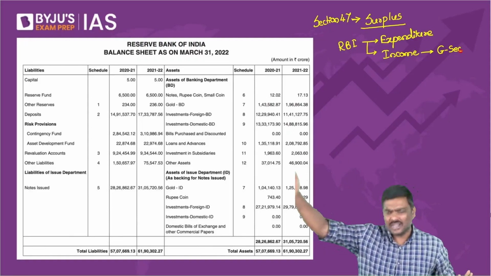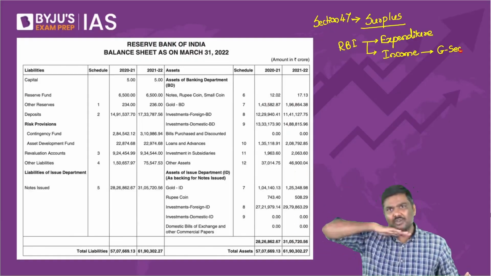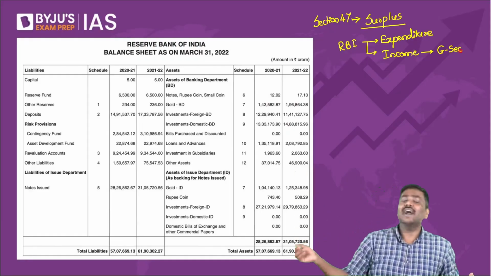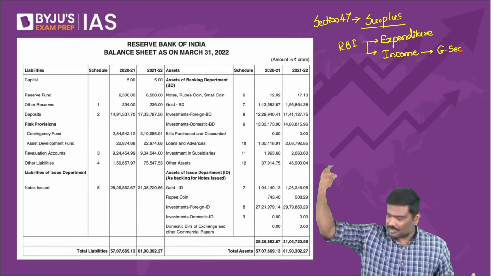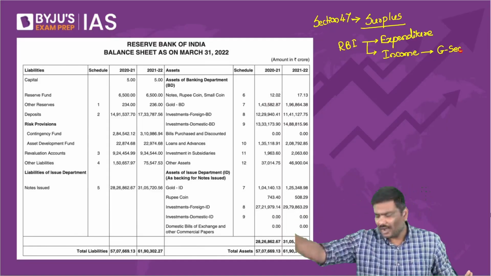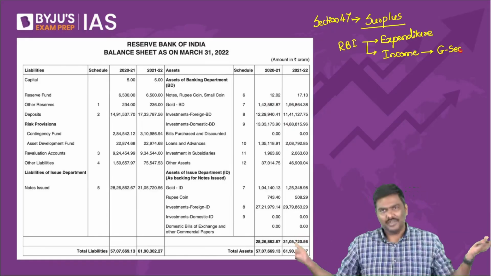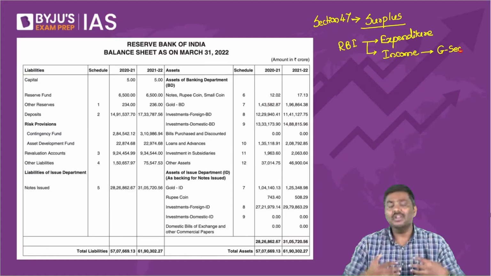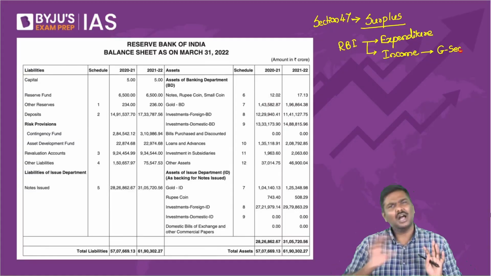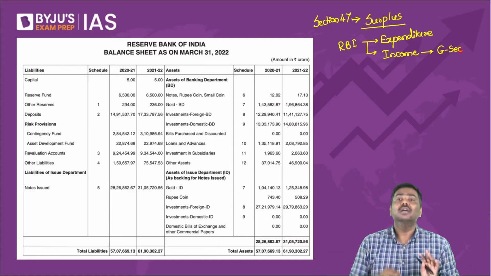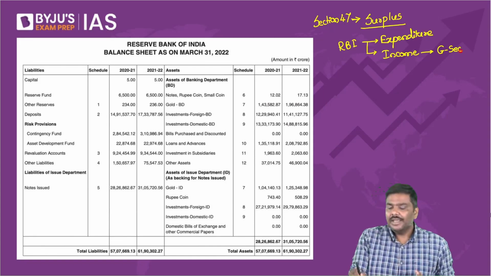RBI has purchased a government security from us at 90 rupees. Face value is 100. Today the government security will mature. Don't you think RBI will get the coupon rate from the government plus the principal of 100 rupees? Right. So there are various ways through which RBI will keep on earning money.